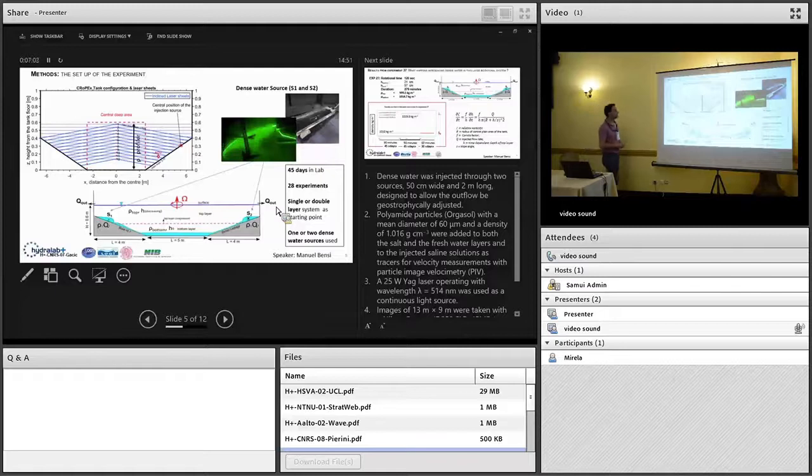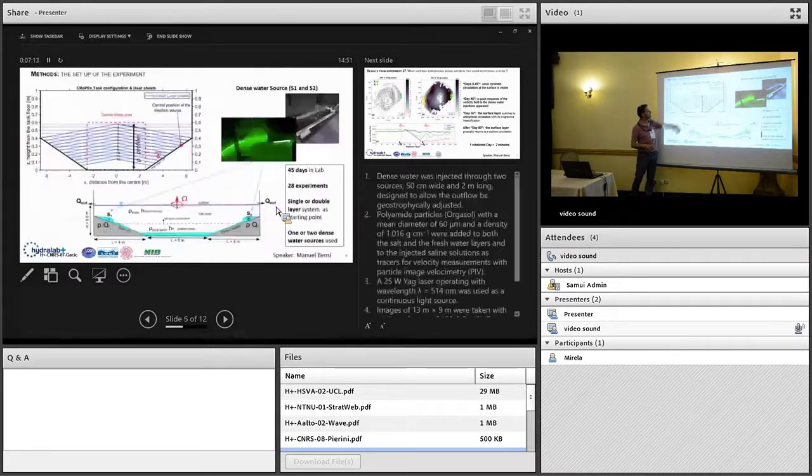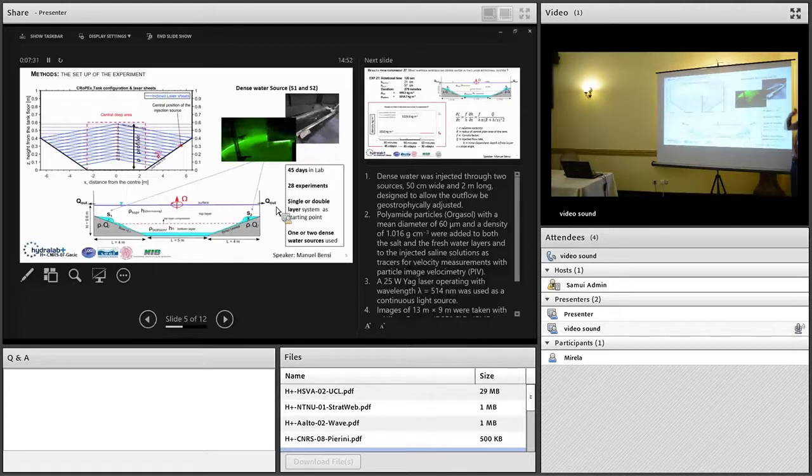Here you can see, for example, the scheme of the laser illuminating the 12 depths within the tank, and there you can see how the outflow of dense water was working during the experiment. The dense water source was 50 centimeters wide and 2 meters long, and was supposed to release an outflow of dense water that was geostrophically balanced within the tank.